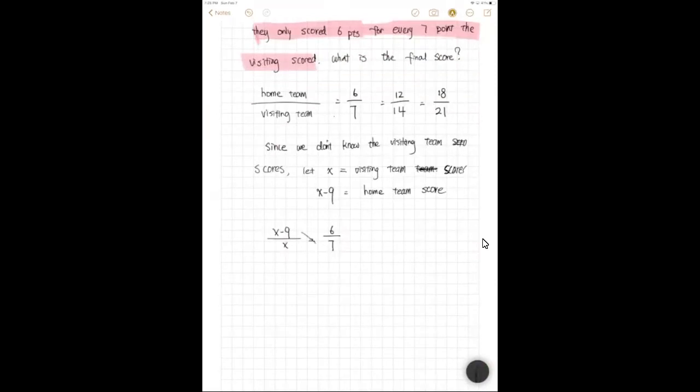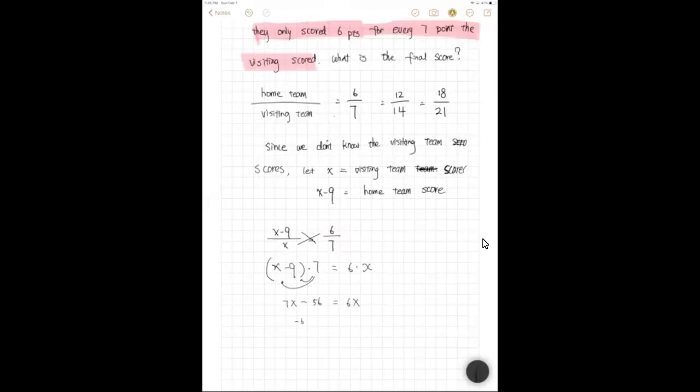And then we cross multiply them. So I have (X minus 9) times 7 equals 6 times X. And then we distribute the 7 inside. I have 7X minus 56 equals 6X. And then I move the like terms together.